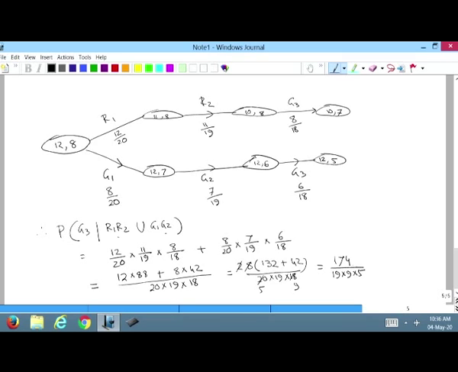We can further cancel it with 3, but okay, let me do it. This is 58, this gives us 3, therefore we get 58 upon 19 into 15.